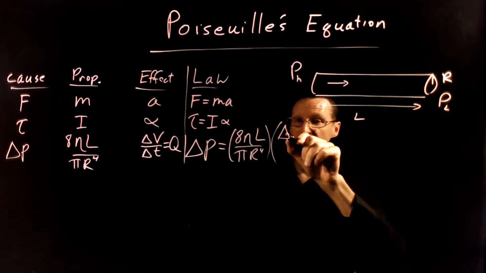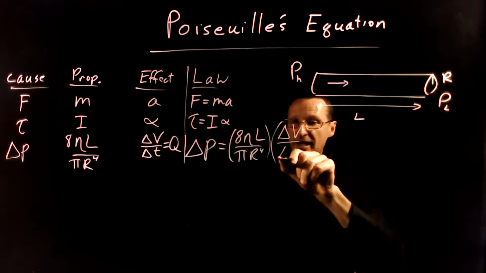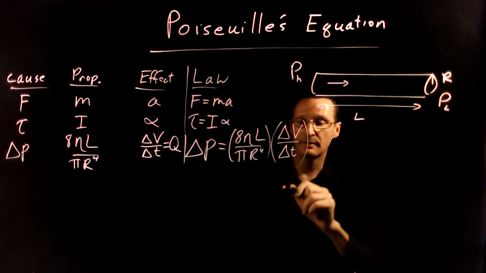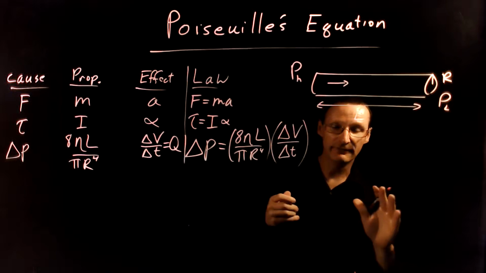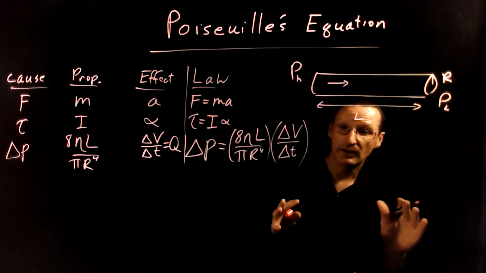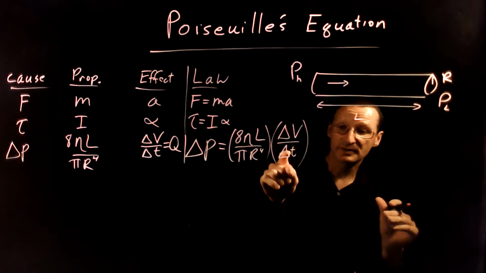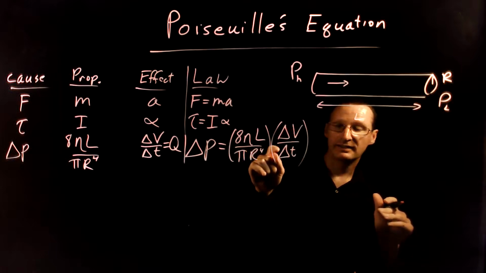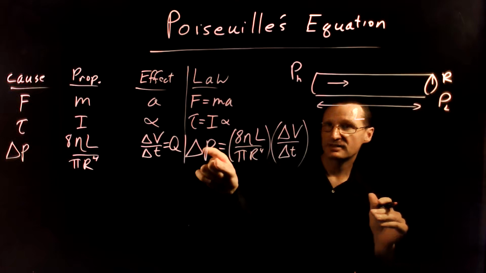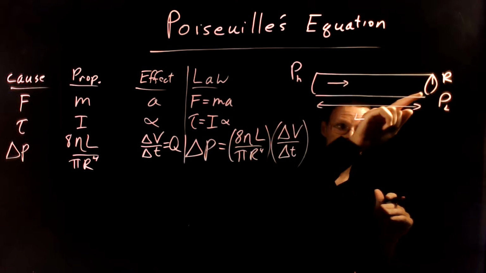That's going to be the volume flow rate, the volume passing a point per time. And again, this V is not a velocity, it is a volume flow rate. So this is going to be measured in meters cubed per second. And this pressure difference is again the high minus the low.